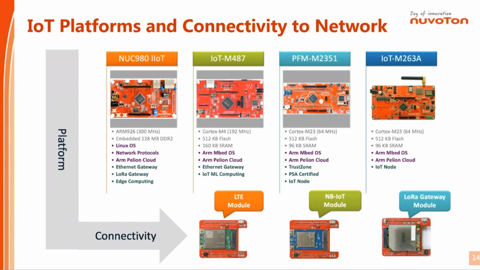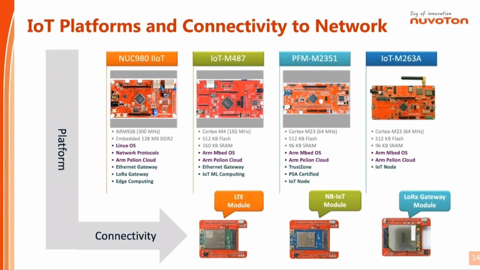The next one is the NuMaker IoT M263A. It's powered by the Nuvoton M263 microcontroller, which also has a Cortex-M23 core, with the same speed and memory as the M2351, but without TrustZone.